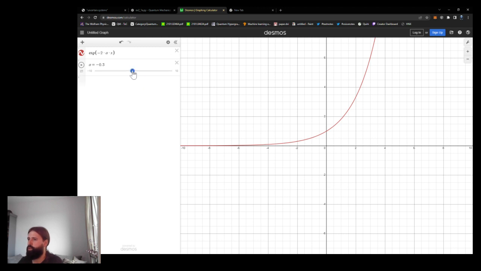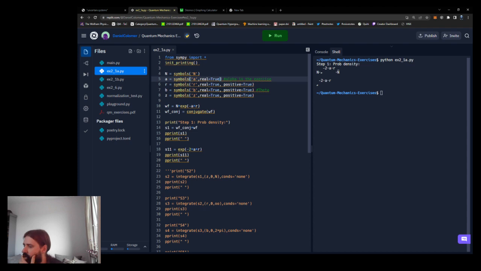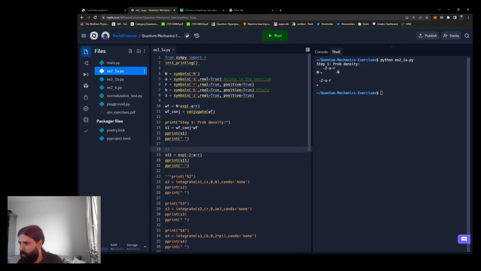So now I want to know what value of n makes the integral go to 1. This is just the simple case, again assuming one dimension.